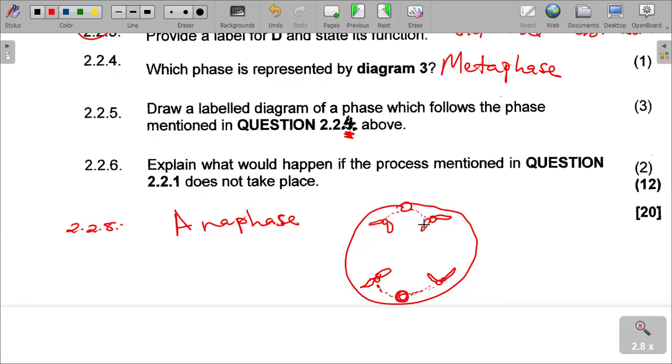So it's a diagram which must be drawn to show anaphase.